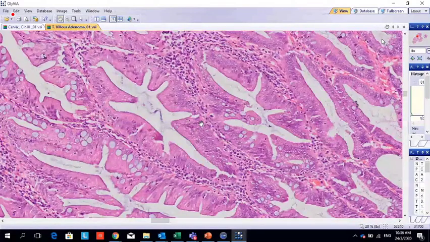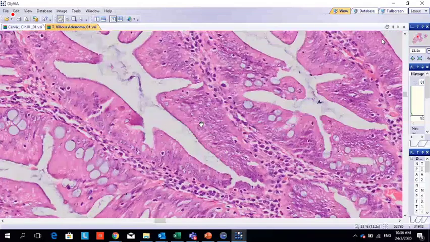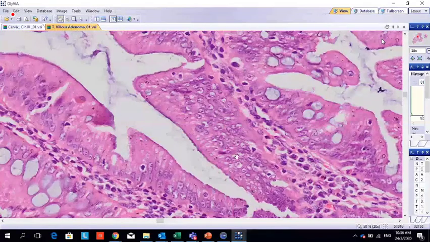See also here, some areas show moderate dysplasia, and some areas severe dysplasia. Like this gland, I cannot see a lot of goblet cells, only a few, and you see more dysplastic epithelium.